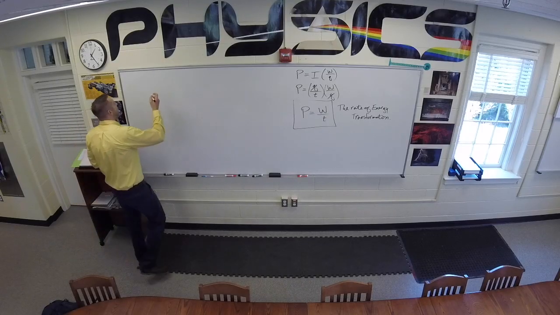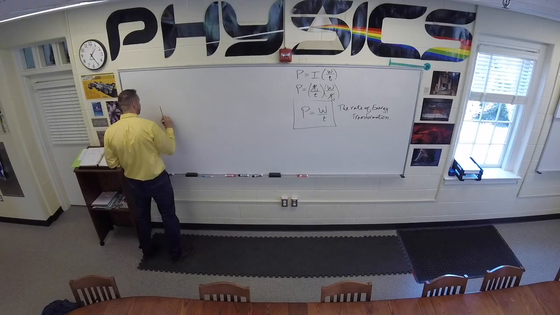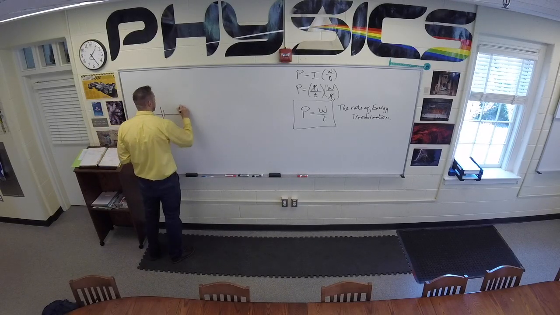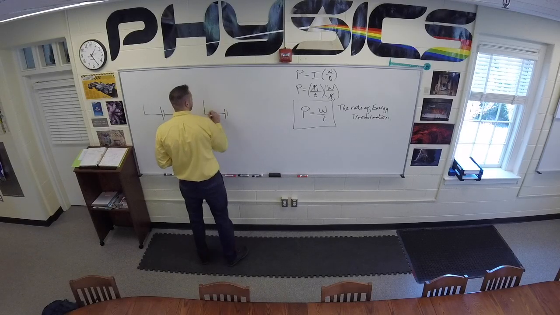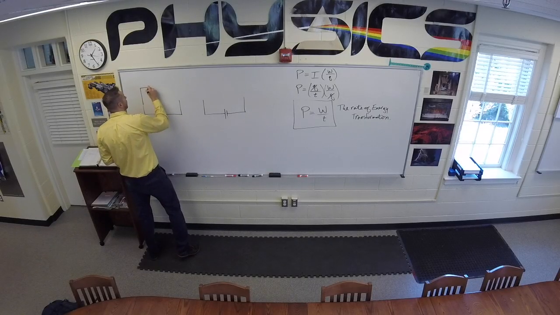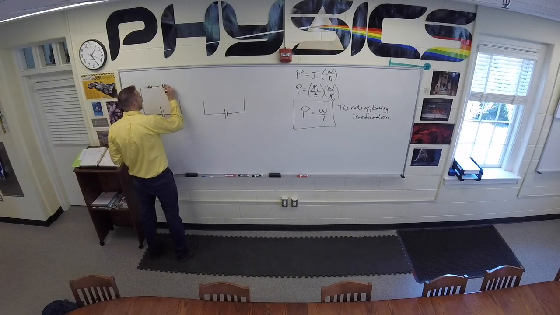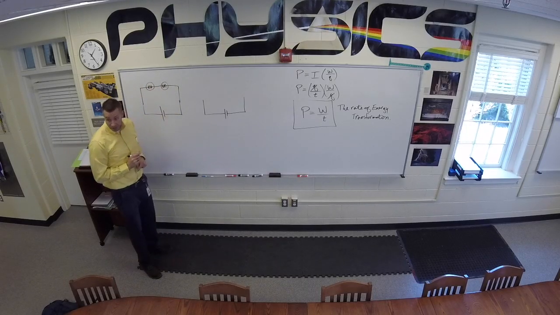All right, so suppose I have light bulbs. Suppose I have similar batteries, one like this, connected to a circuit that I will continue to draw, and one like this connected to a different circuit that I will draw. The first one has one resistor here, one resistor there, which I'll circle, which indicates that they are light bulbs.